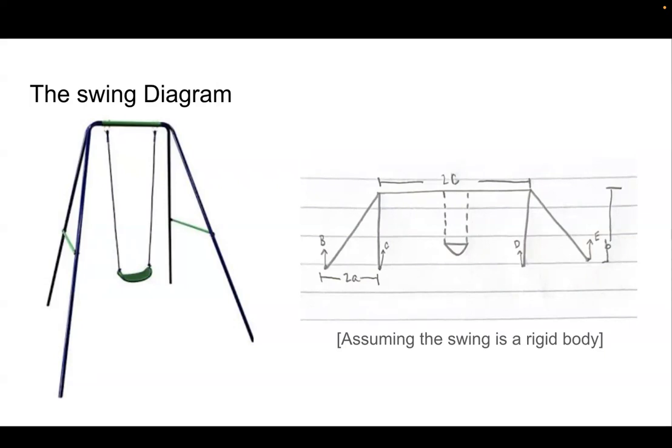The only one would be 2C. So again, like I said, swing, rigid body, it's not moving. You can see the forces of B, C, D, and E pointing up. And then I just have the codes for 2C. And on the previous slide, that was given to what that would equal.